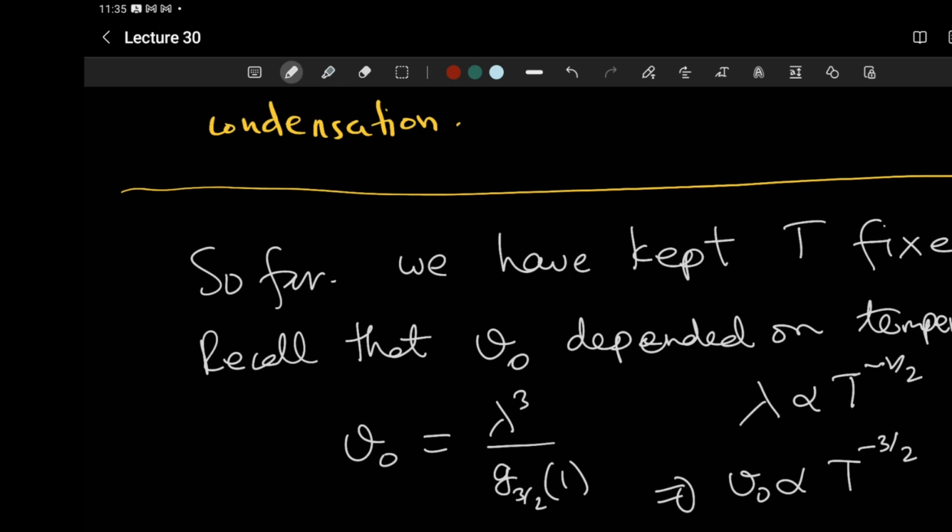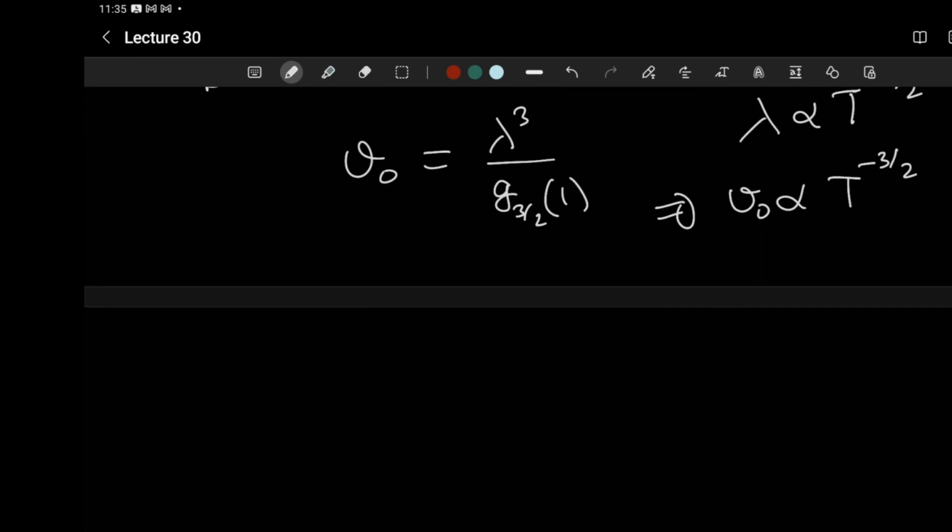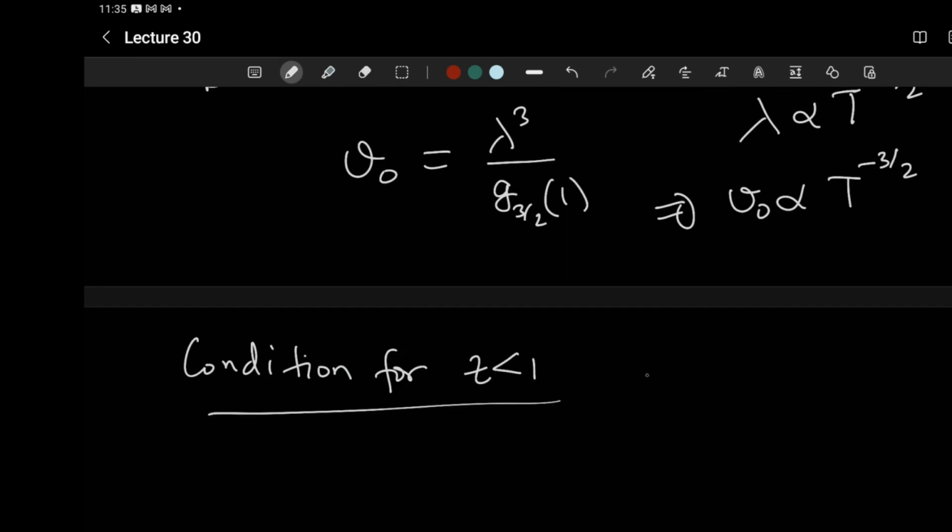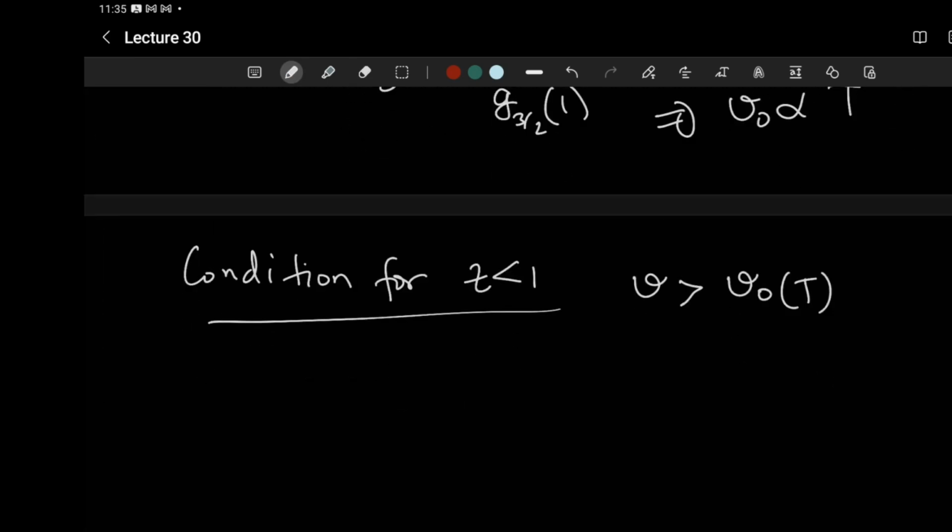Okay, so what was the condition for z less than 1, what was it? It was v less than V naught, is it? V greater than... Okay, V naught of T. So now what we are going to do is we'll keep the number of particles fixed.